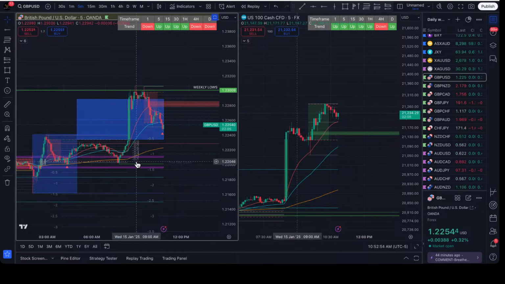So anytime you see these, and this is one of the reasons we avoid these days, we can get big zones like this because we have big wicks and big candles, and it calculates all that as well.